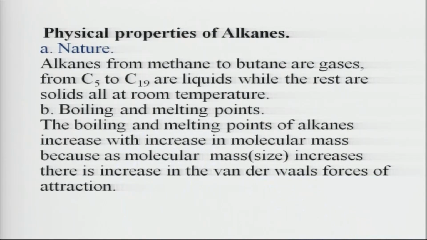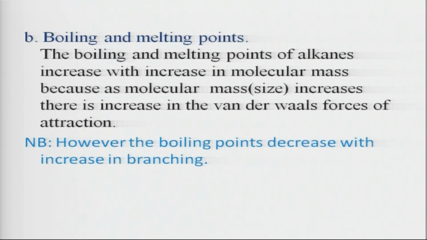We are going to see that actually the boiling points and the melting points of alkanes increase with increase in molecular mass, because as molecular size increases, there is an increase in van der Waals forces of attraction. So you recognize that as size becomes bigger, the van der Waals forces also become many. As they become many, the boiling points will increase.